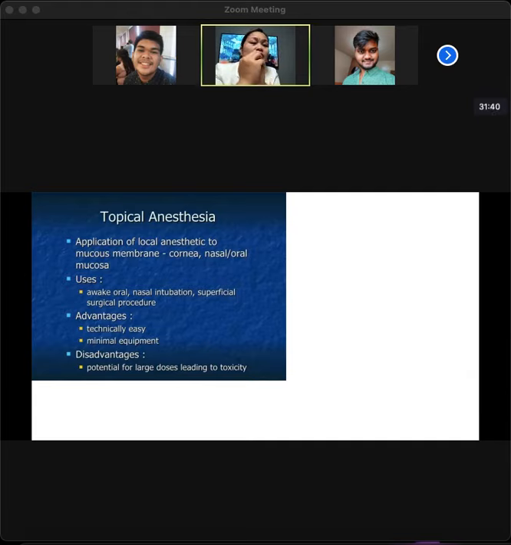The advantages: it is technically easy, and we just use minimal equipment. The disadvantage is the potential for large doses leading to toxicity, especially if you don't compute your dose. Local anesthetics should be computed according to the weight of your patient.